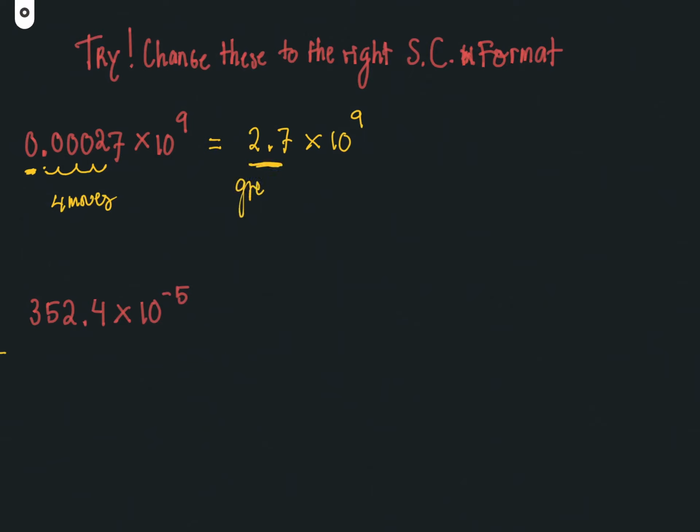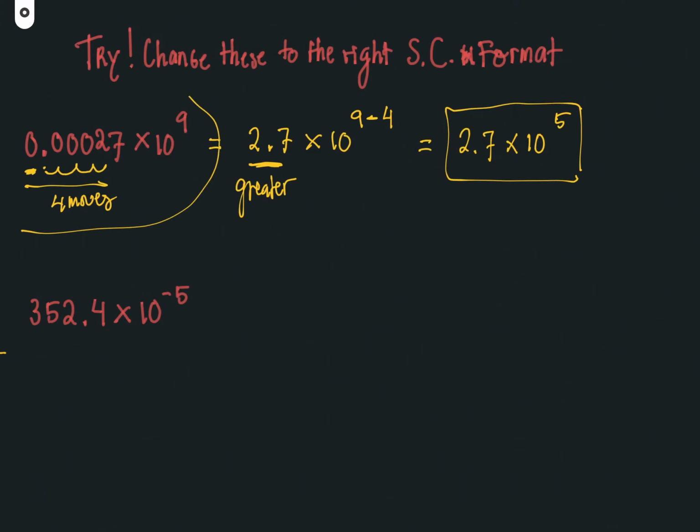It becomes greater compared to the original over here. By 4 moves, we're going to make this 9 smaller. So we're going to subtract 4. So it's going to be 2.7 times 10 to the power of 5. So that's the right way to write this in scientific notation.